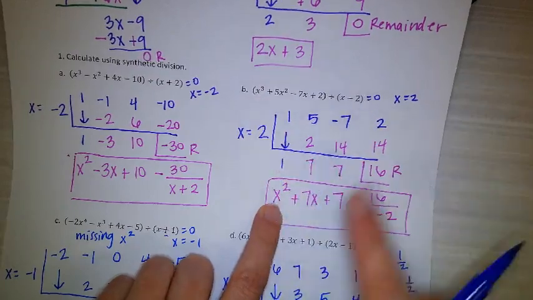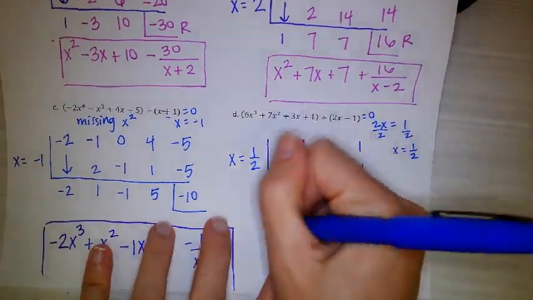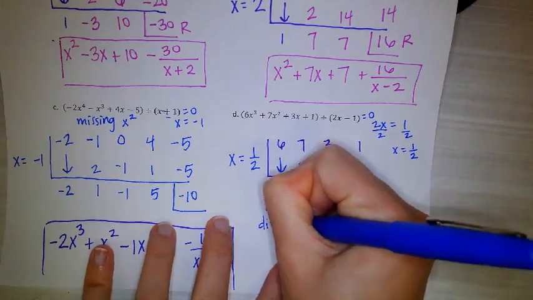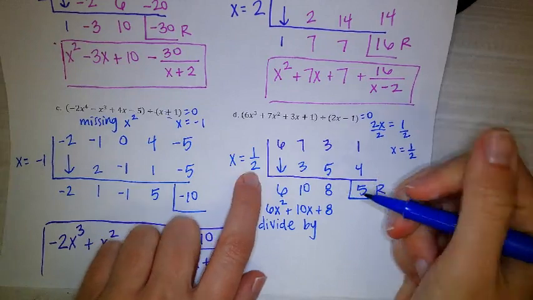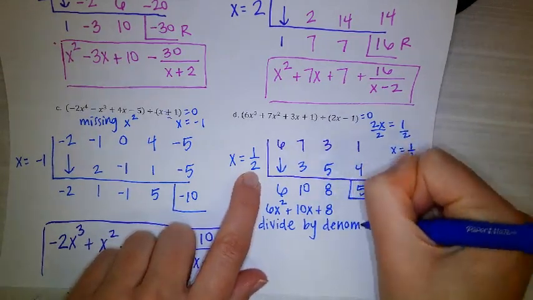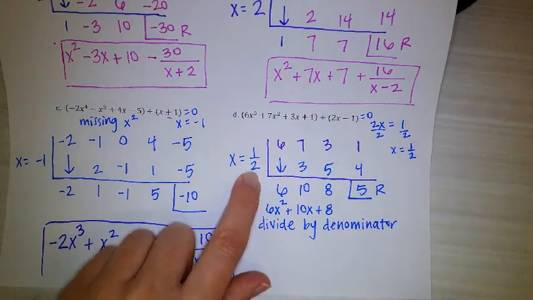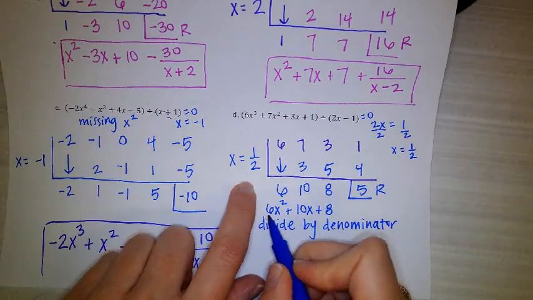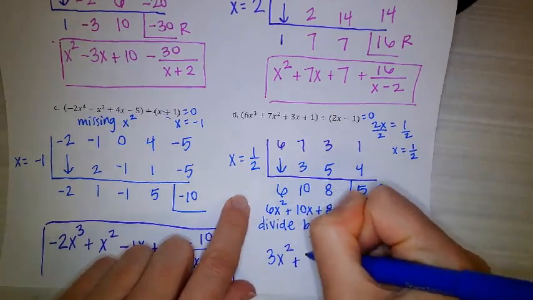So if we have a fraction here, we have to divide all the coefficients by that denominator. So basically, our answer is going to be twice as big as it should be. So if I divide all of these by 2, I'm actually getting 3x squared plus 5x plus 4.